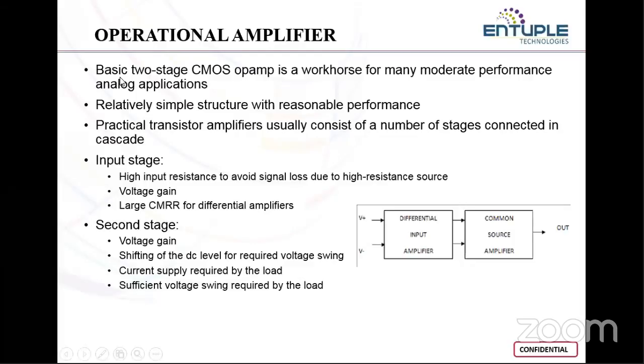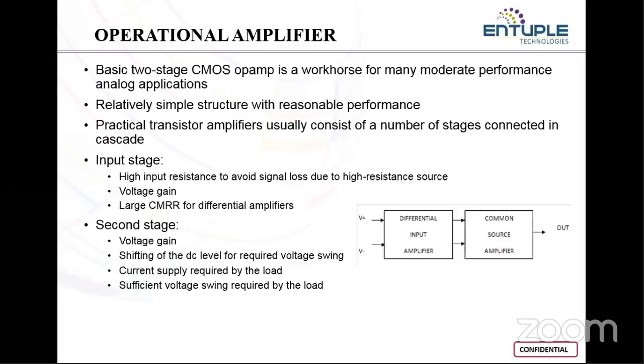The basic two-stage CMOS op-amp is a workhorse for many moderate performance analog applications. It is mainly for circuits that are required to perform in an average manner, where we don't require very high gain at the output.